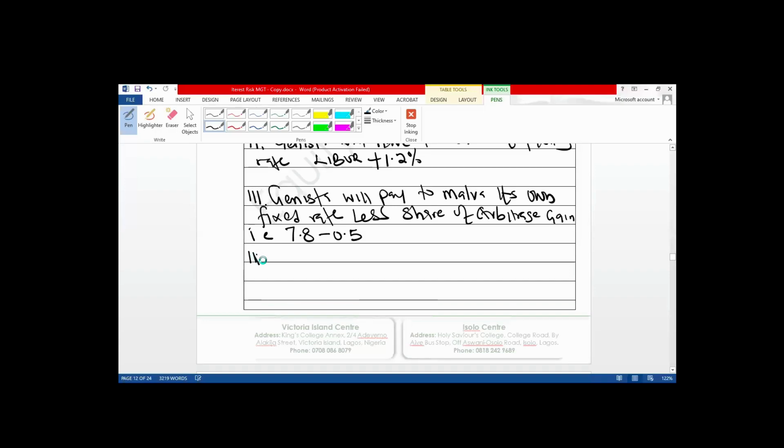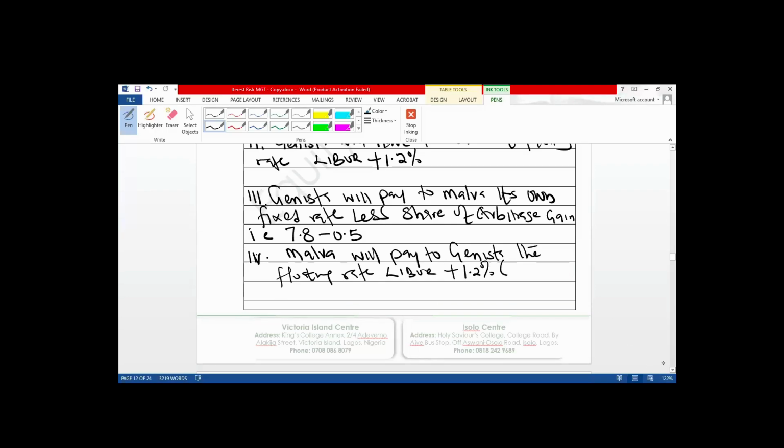Lastly, Magda will pay to Jenista the floating rate, LIBOR plus 1.2%.